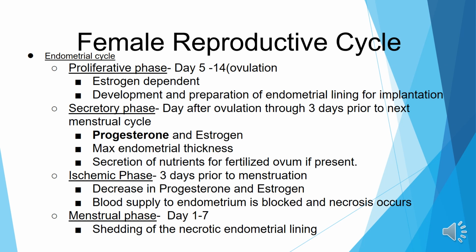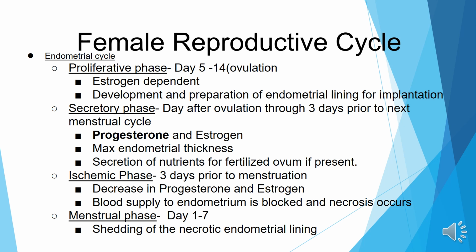Essentially necrosis occurs, and in that 3-day period of necrosis, it transitions over to the menstrual phase, and that's when you have your menstrual cycle, day 1 through day 7 typically, and it's a shedding of that necrotic endometrial lining. But remember, during that menstrual phase, day 1 through day 7, is when you're having your follicular phase.